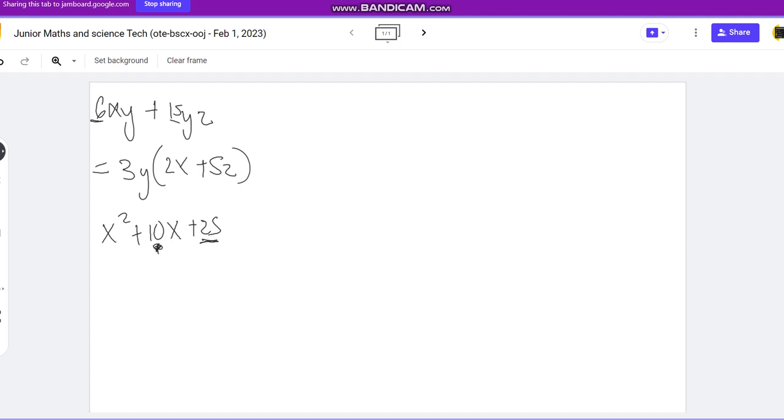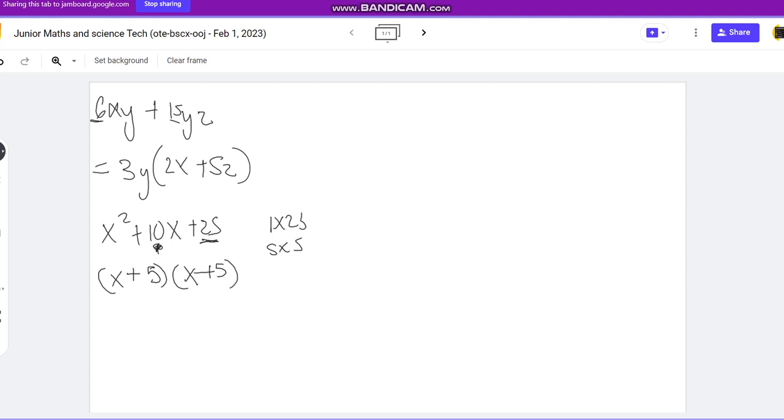So in this case, you just write x here, and then also x here, where the factors of 25 are 1 multiplied by 25, and also 5 multiplied by 5, meaning you'll just have 5 here and also 5 here. So this will show you that now you'll have plus here and also plus here. Do you get it? So once you're done here, I think you'll be done with this one.